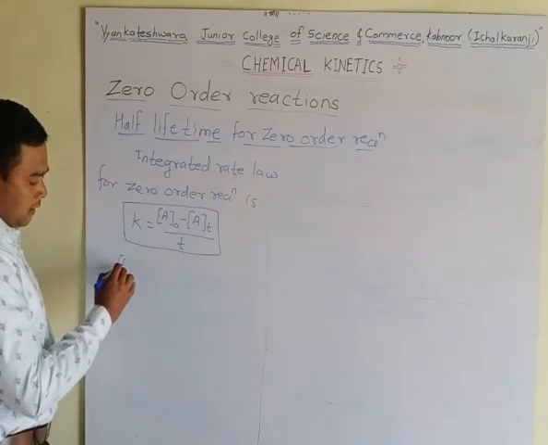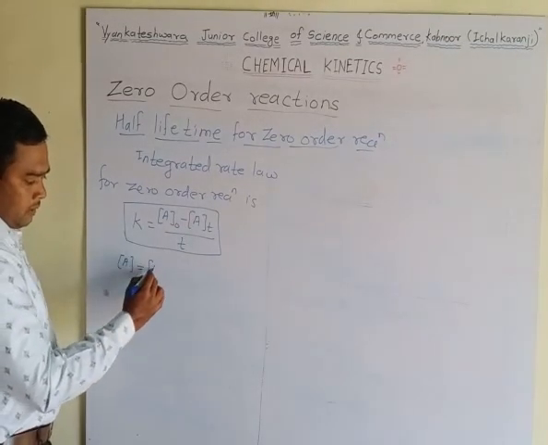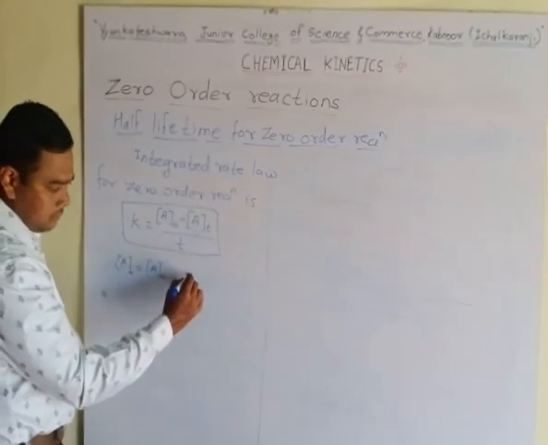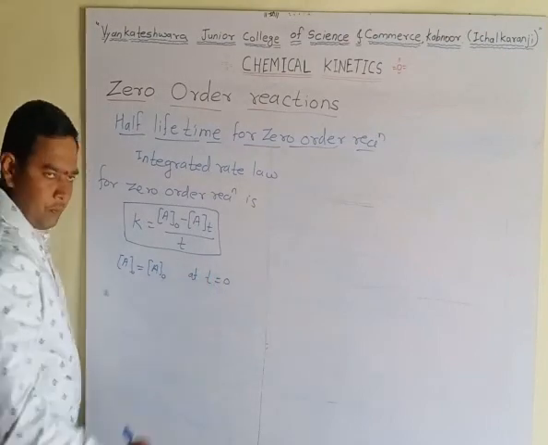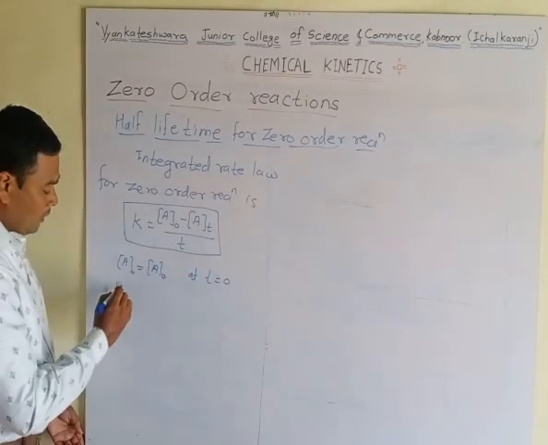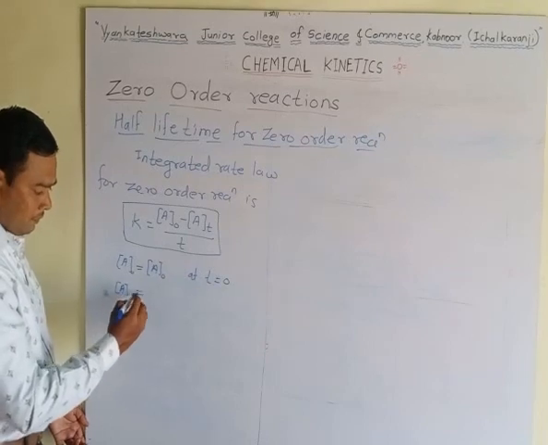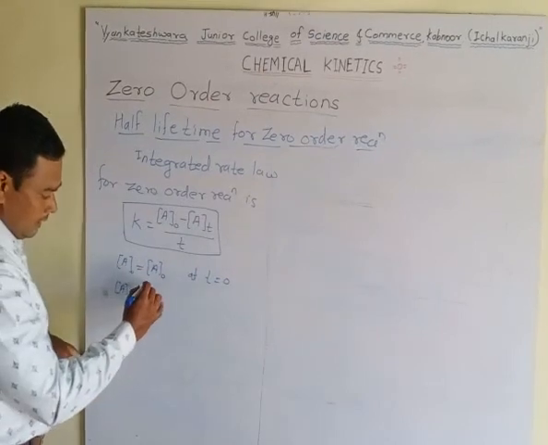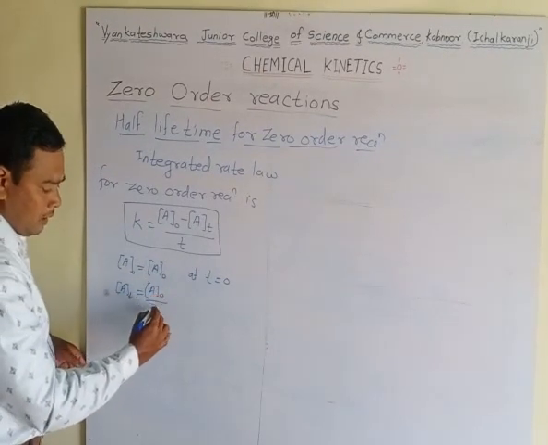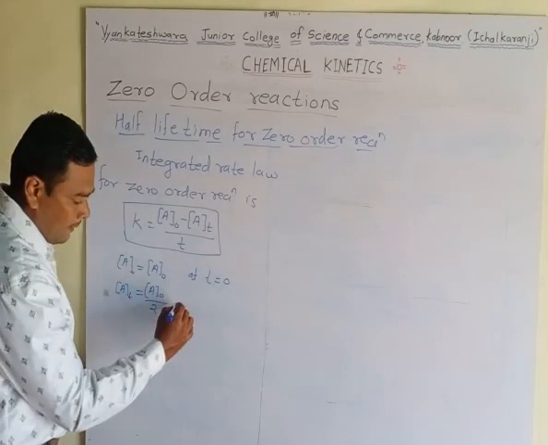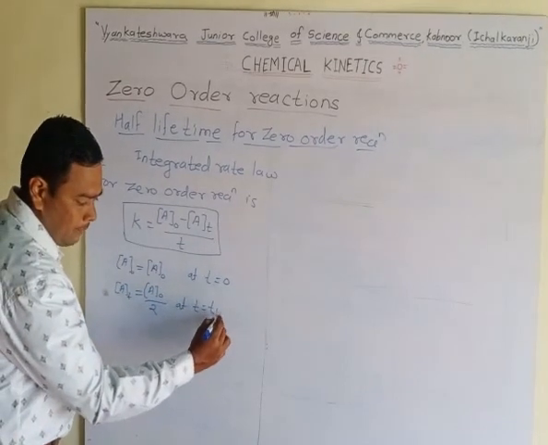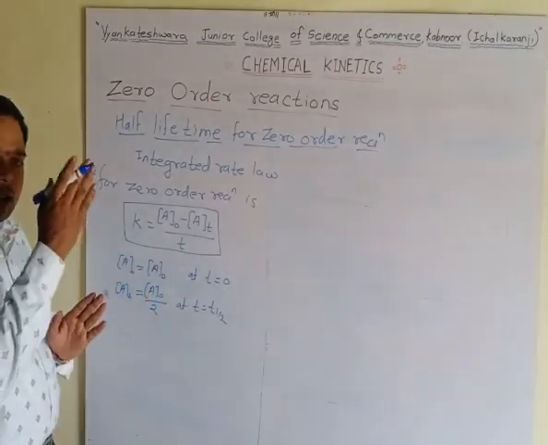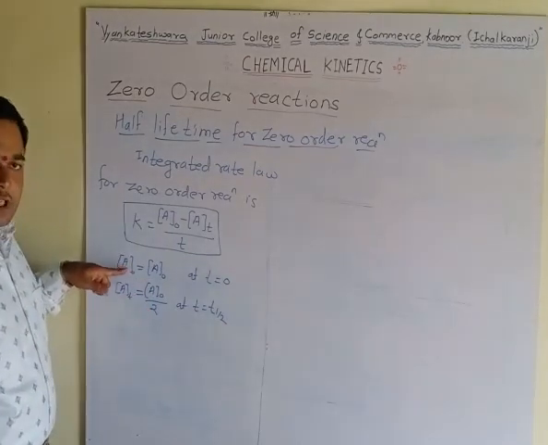Hence, the initial concentration of A is A0 at time t equal to 0, and the concentration of A at t equal to t half is A0 by 2, because after the half time the concentration is exactly reduced to half of the initial quantity.